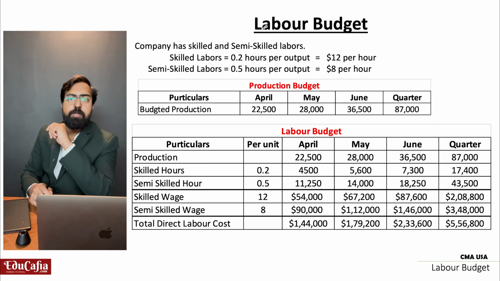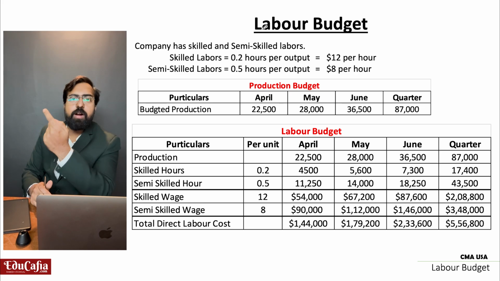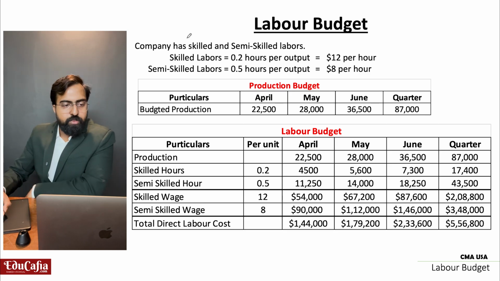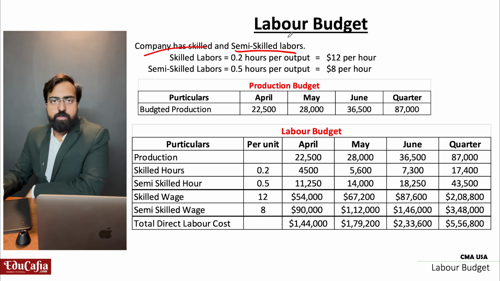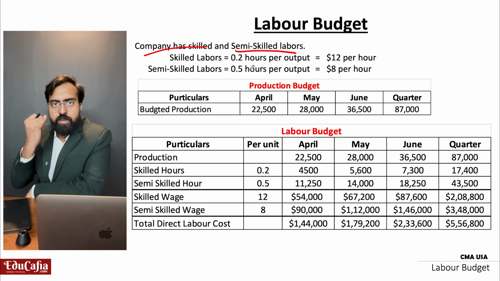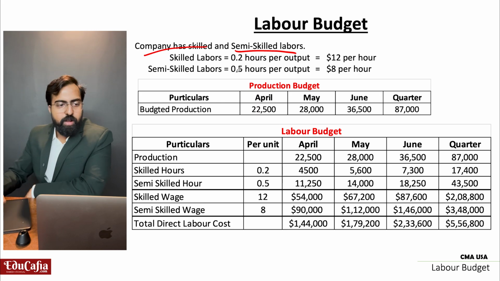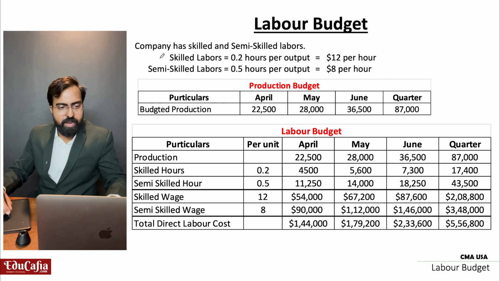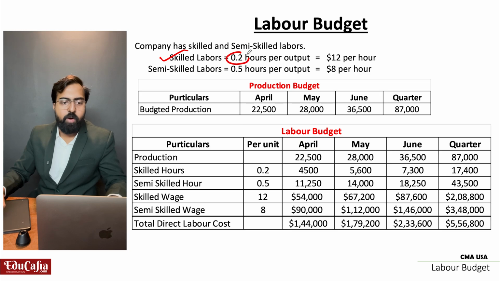How to calculate the labor budget? For a single production, how many laborers are used and what is their wage? If you calculate that, that is the labor budget, easy, right? So the company has skilled and semi-skilled laborers, two types. Skilled laborers take only 0.2 hour per output.